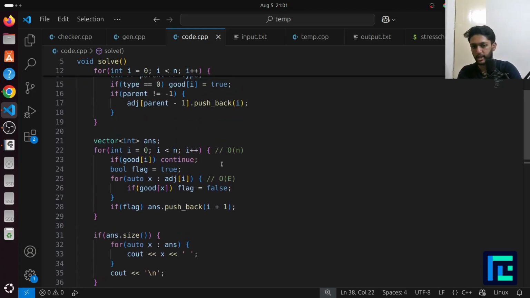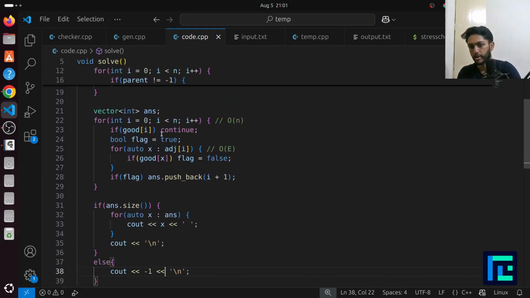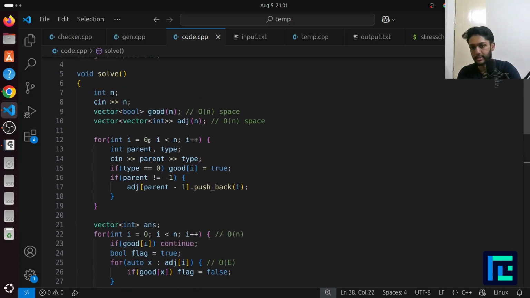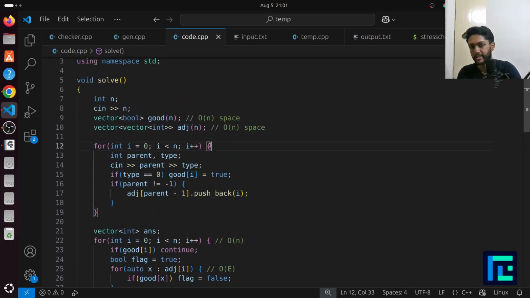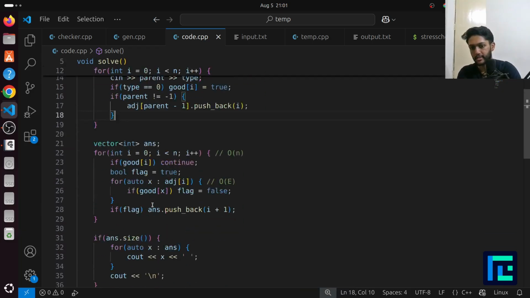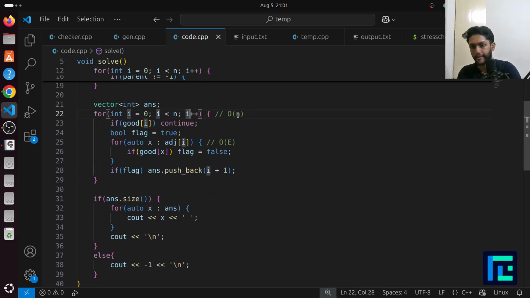And the time complexity of this is just O of n, because we have this for loop, which is O of n, and also it's just input, right? And then this for loop is also O of n, because for every vertex we are iterating over its children. So this for loop will be O of degree of i, the degree of node i, right?